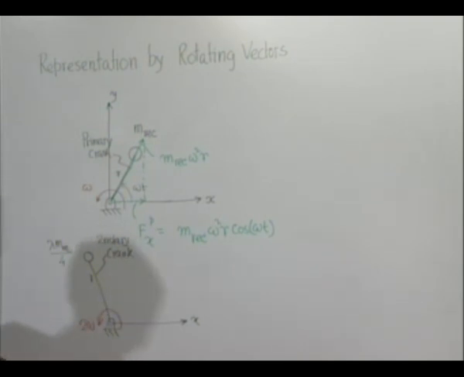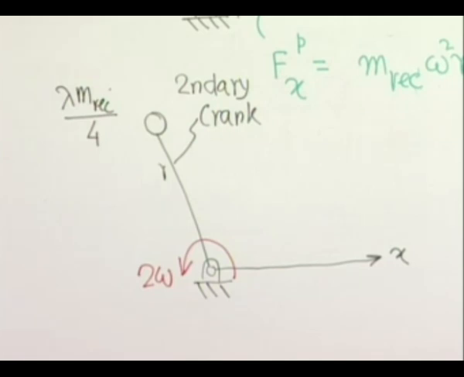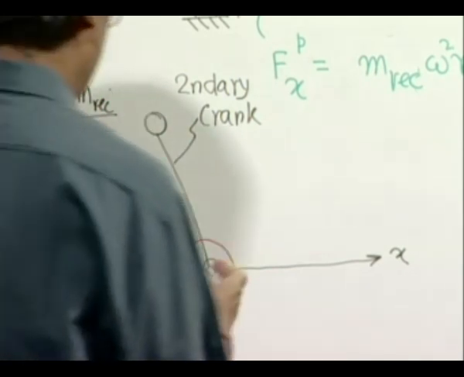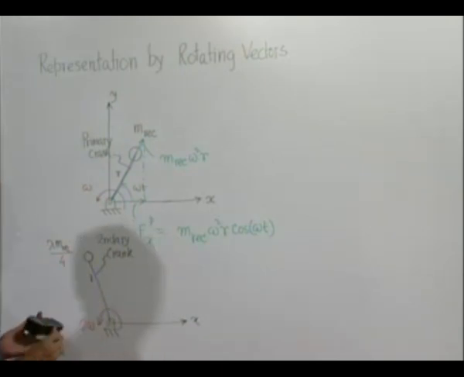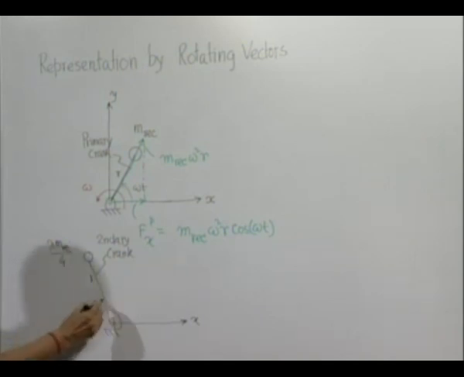And if we use the condition that at time t equal to 0, the secondary crank was also aligned with the x direction, then this angle will be simply 2 omega t. Okay, fine. What is the force here? So, this is 2 omega t.